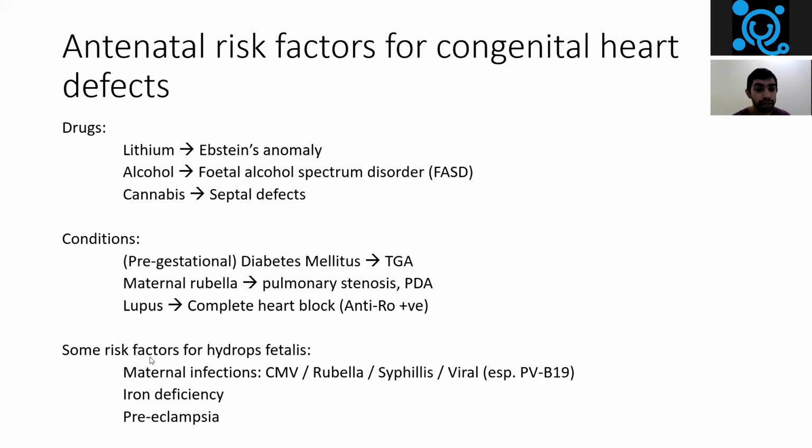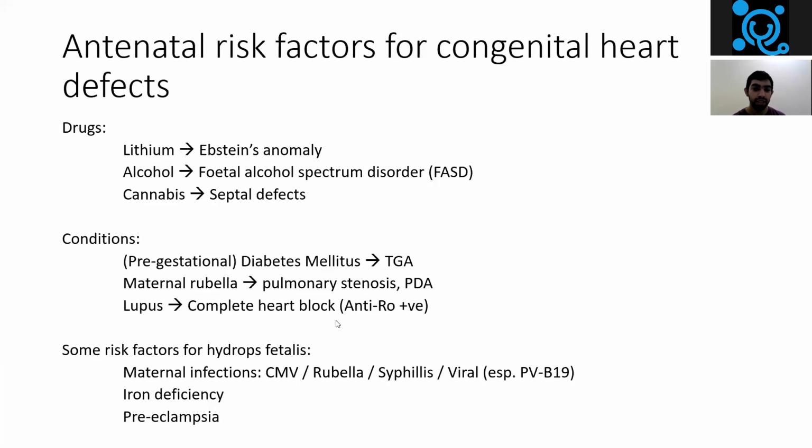And lupus, if the mother has lupus and is anti-Ro positive, that can result in complete heart block in the newborn. Depending on how severe the heart block is, in some cases it can be reversed, but in other cases, it may result in that child needing a pacemaker from the get-go.